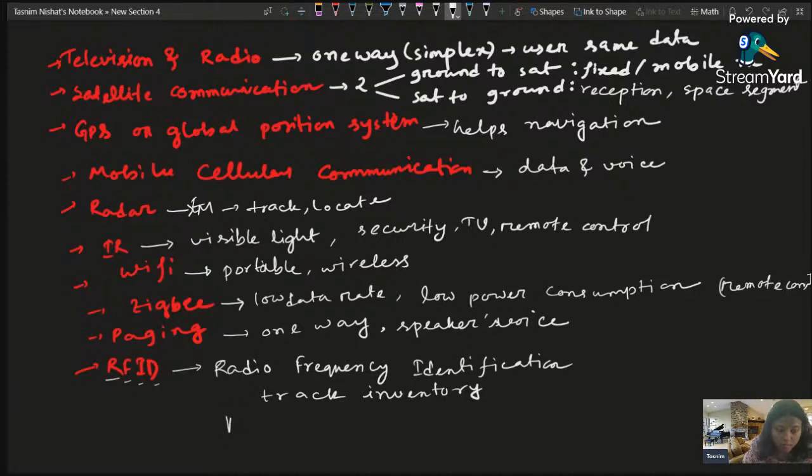So the barcodes is in read-only mode, and this is power source.